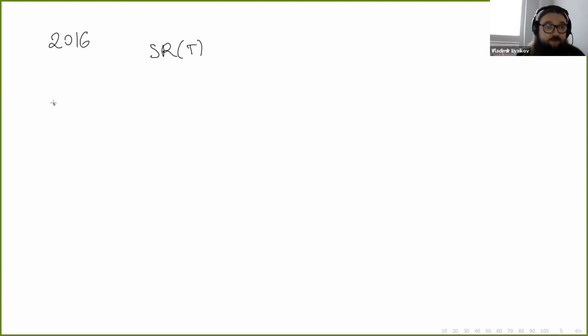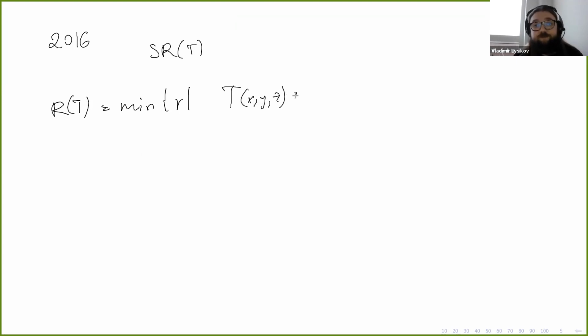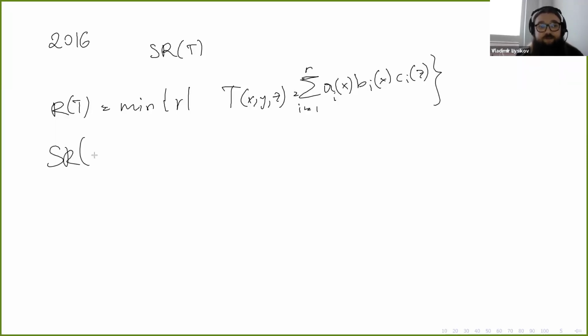So the usual rank of a tensor, as we said, is a minimum R such that the tensor can be expressed as a sum of R summands, each of which is a product of 3 linear forms. And the slice rank is a modification of this definition.